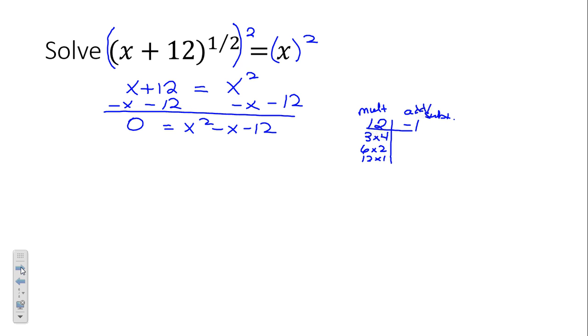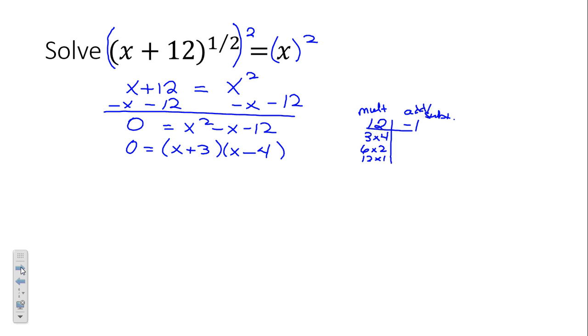3 and 4. So 0 is equal to, we'll have an x and an x. We have a 3 and a 4. What do the signs need to be? Plus 3 minus 4 because we want the bigger one to be negative, so we get that negative 1.